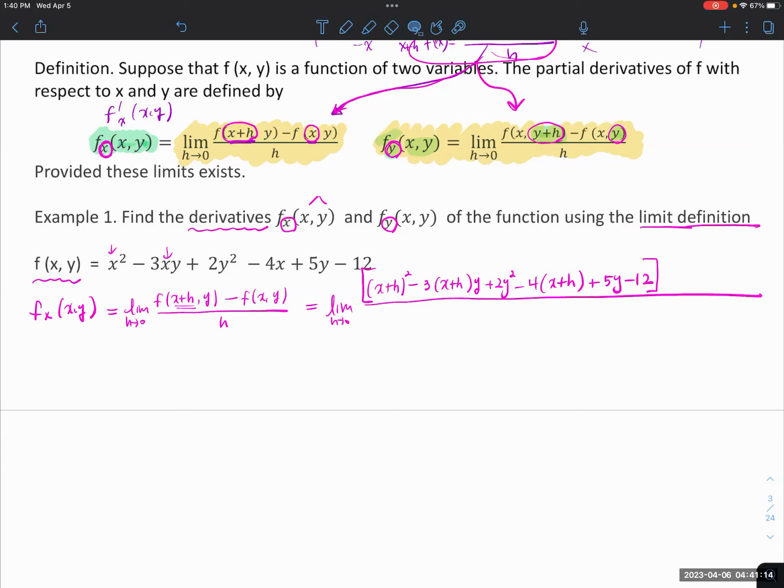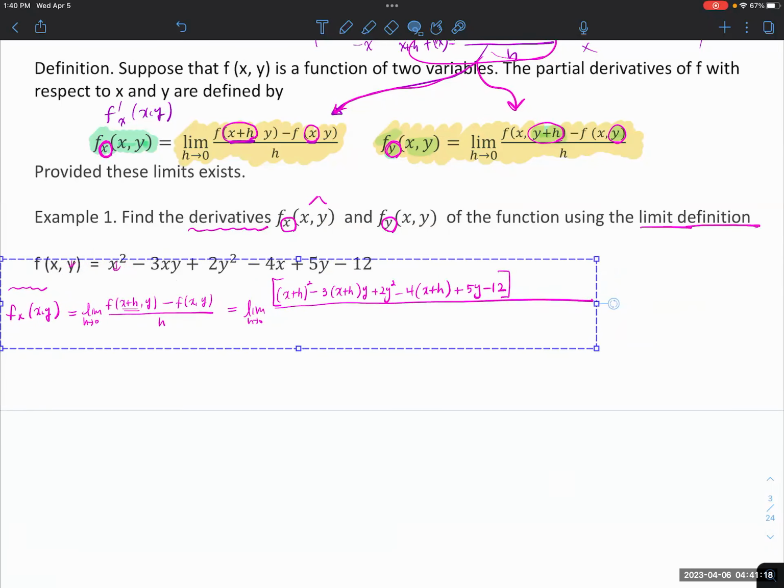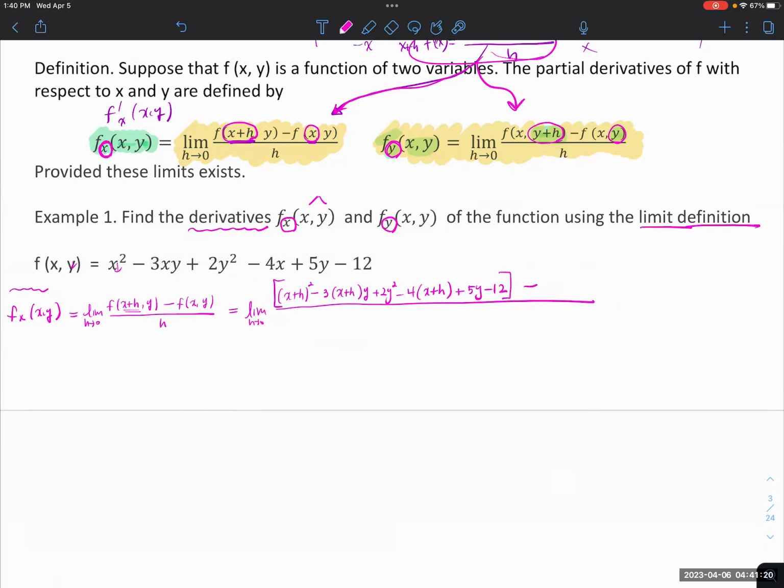Am I correct? And then we are going to subtract the regular f of x, y, which is x squared, minus 3xy, plus 2y squared, minus 4x, plus 5y minus 12. So this is very familiar work we did in Calculus 1, over h.